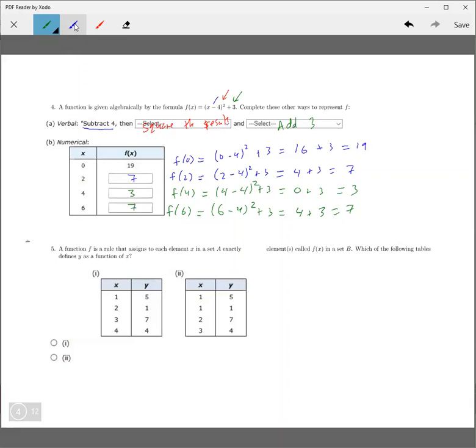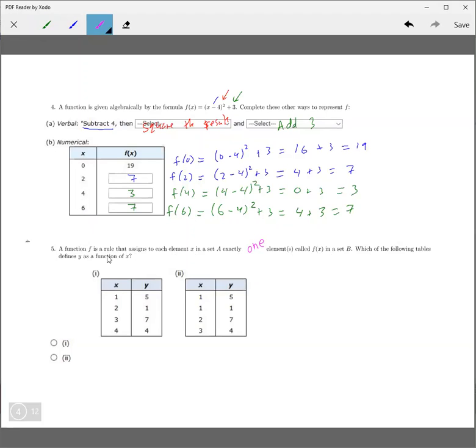Number 5 is kind of along those lines. A function f is a rule that assigns to each element x in a set A exactly 1 element in the set B. So each of these values here is assigned exactly 1 value, even though this 7 over here is associated with 2 values from there.